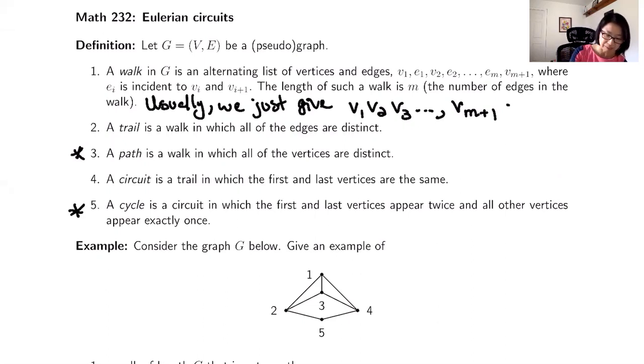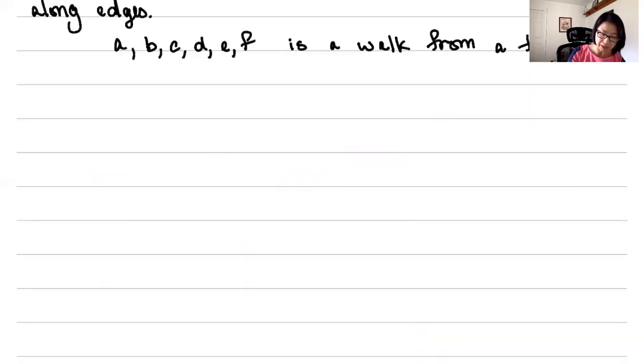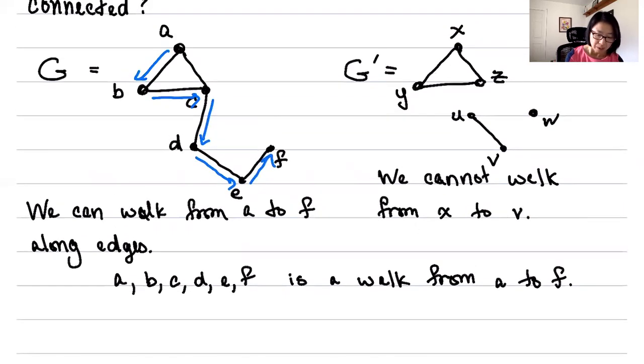Let's see. In our example above, when we walked from A to F like that, we were actually giving a trail and a path. Can I see any cycles? Yes, I can.